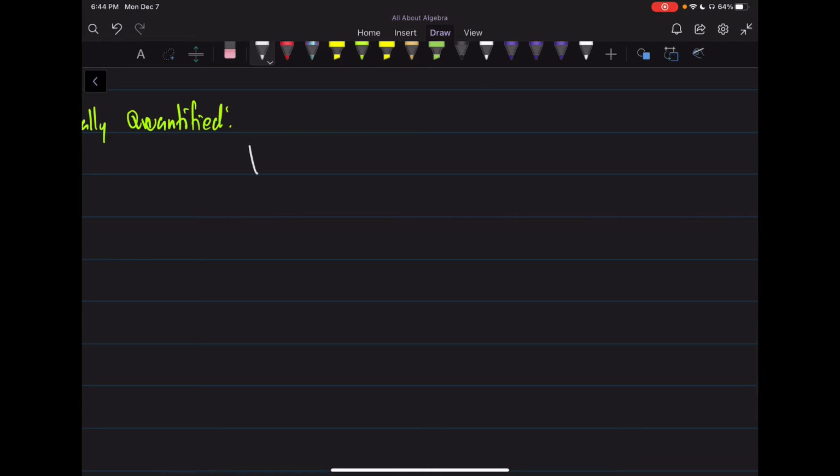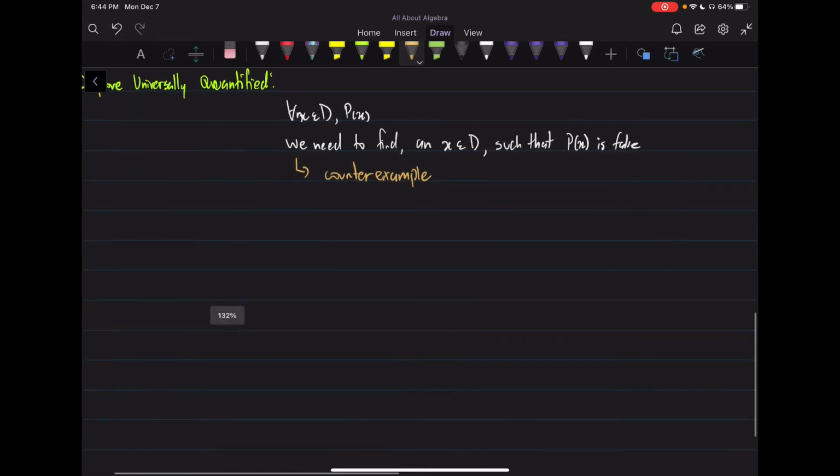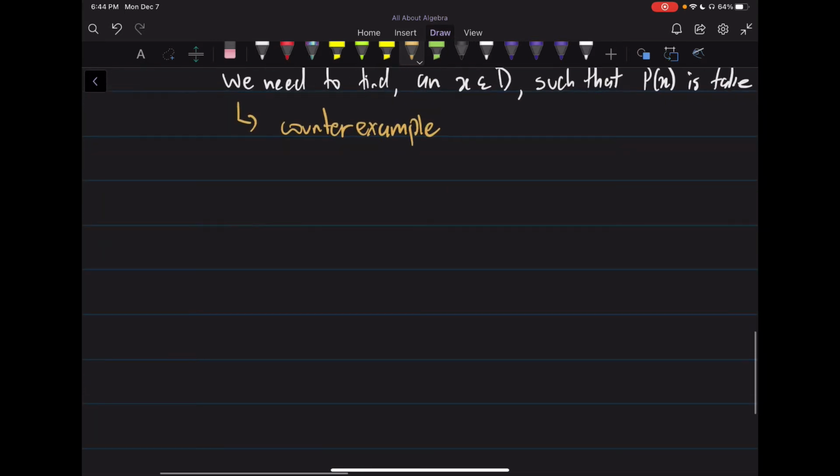So essentially, if we have something that looks like this, we need to find an x in the domain such that p of x is false. And this process right here is called a counterexample. And this will be very useful when disproving universally quantified statements.